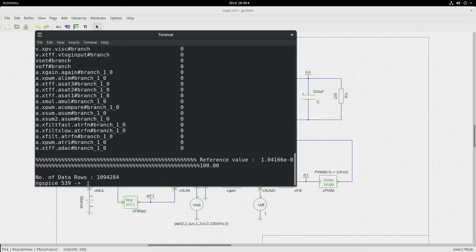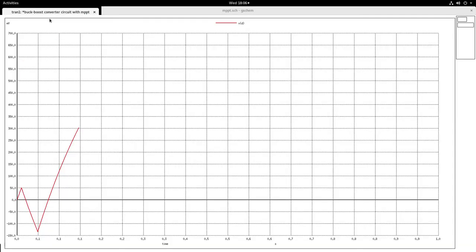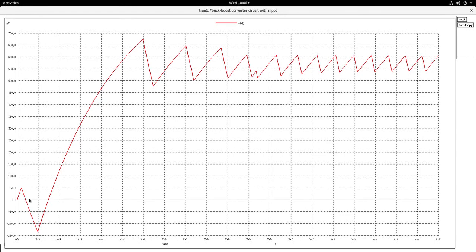So plot V of D. If I expand that, observe that the duty cycle starts from 0 and then picks up and tries to oscillate and stabilize around the maximum power point operating point. I said that it should settle at around 0.56 or so, and it is settling at around that value. So you see that maximum power point tracking is happening. It is tracking the max power.